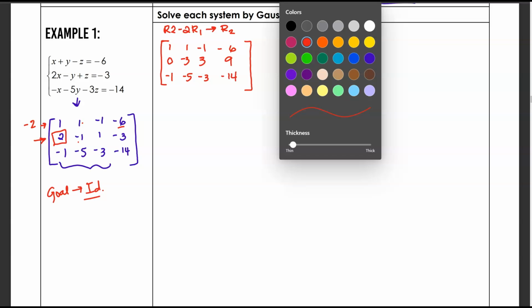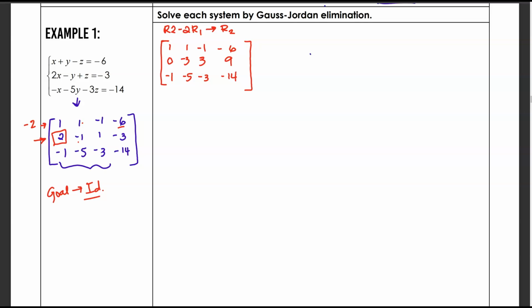Okay, so now I need to think here. I got that 0 there that I wanted. Now I need to make sure I turn this into a 1. So let's divide everything by 3. Actually, we're going to divide by negative 3, or multiply by negative 1/3, in row 2, and that's going to transform row 2 again.